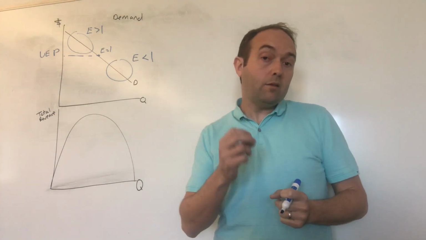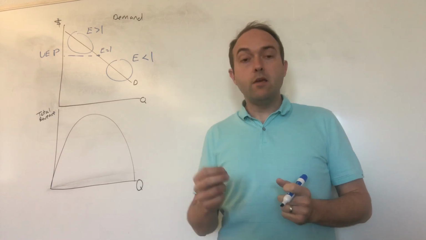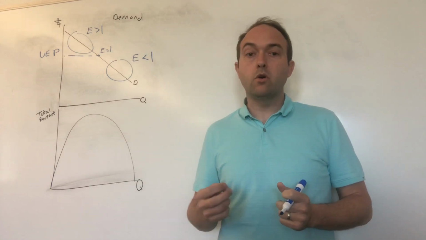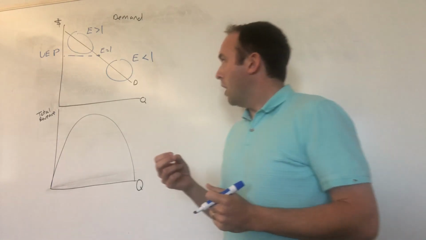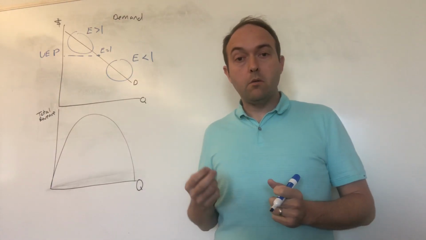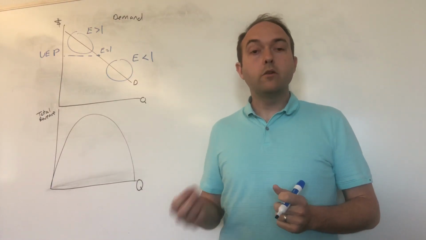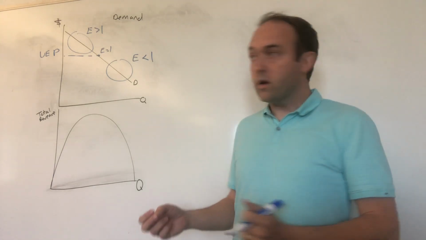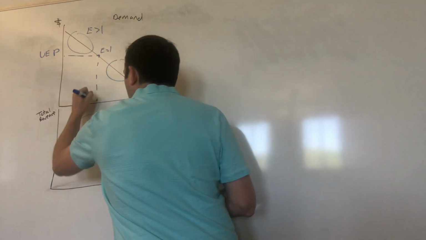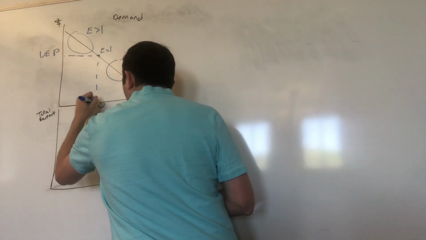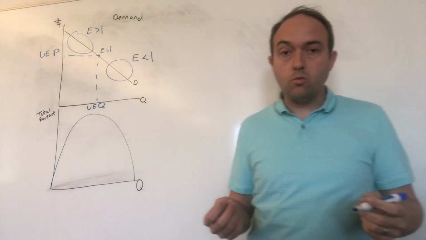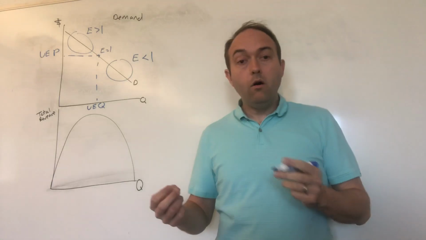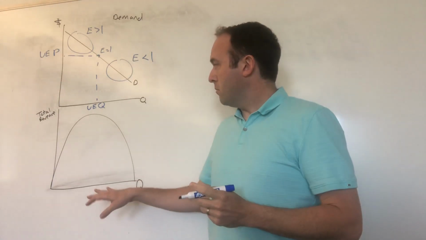That is the price that they want to charge if they want to maximize their total revenue. Also, from that unit elastic point on your demand function, you get a quantity. We call that the unit elastic quantity. I'll label that UEQ.